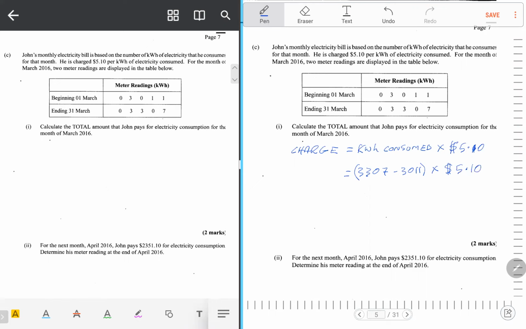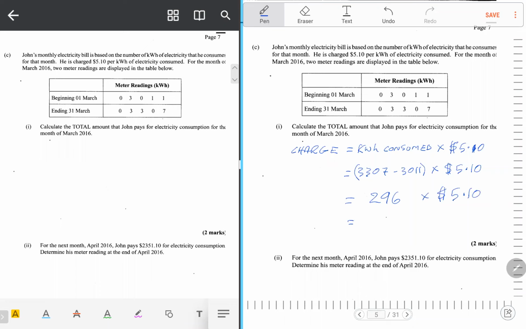Right, and that would work out. If you calculate that now, it will come out to be. Let's calculate the difference and show what the difference is. So it's 3. The amount consumed will be 296 kilowatt hours times $5.10 is the charge per kilowatt hour.